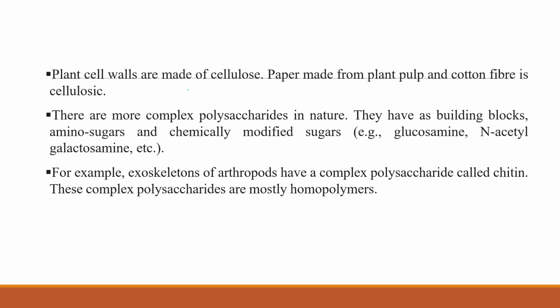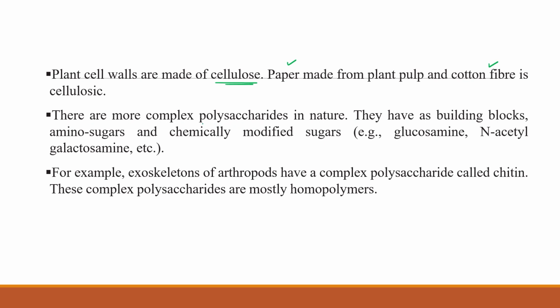Now, plant cell walls are also made up of cellulose. Certain products like paper and cotton fiber are all cellulosic, meaning these are all polysaccharide in nature. Apart from this, some modified sugars, modified amino sugars, also combine with the polysaccharide and form different types of structure.